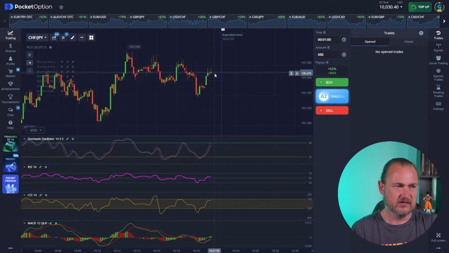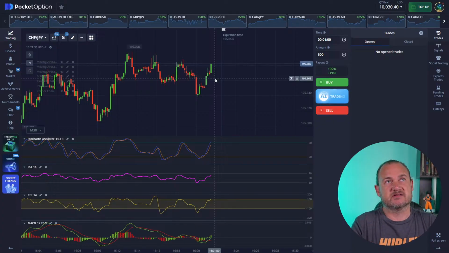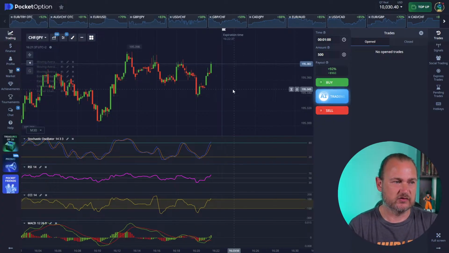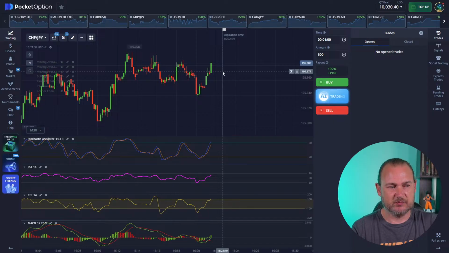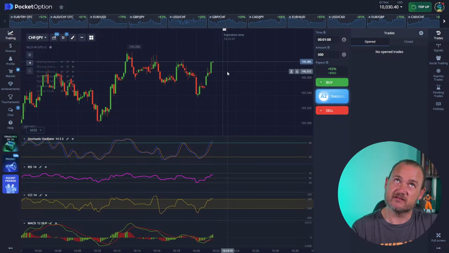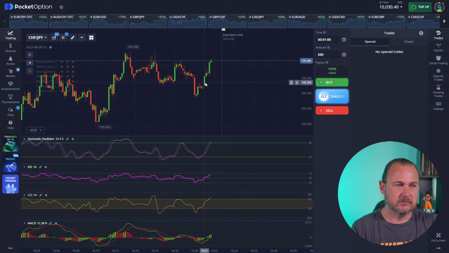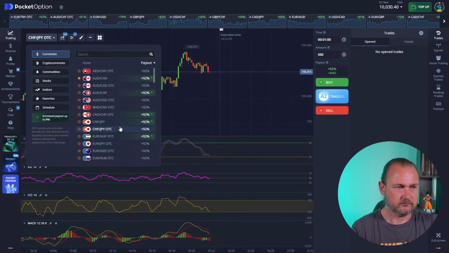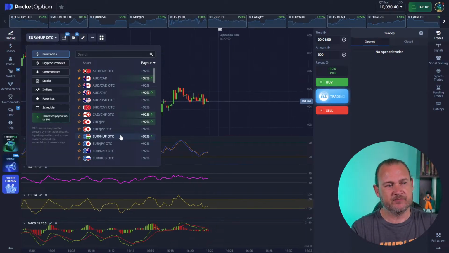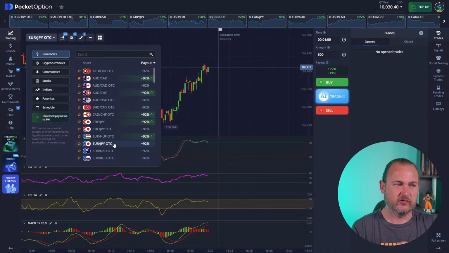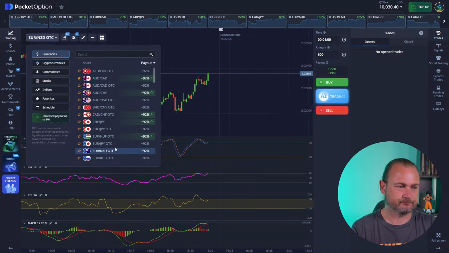Would be nice. One of the things that's nice about divergence as well, and I forgot to mention this, is that you can see divergence forming before it actually forms. I'm going to see if I can quickly find an example of that. What I mean is, suppose we're looking at the stochastic.